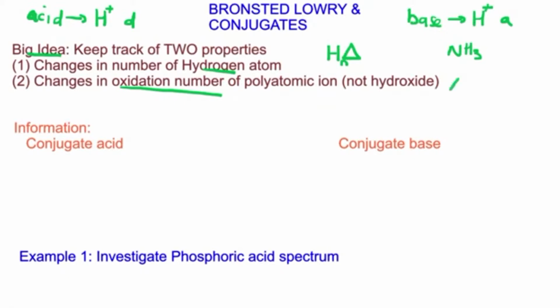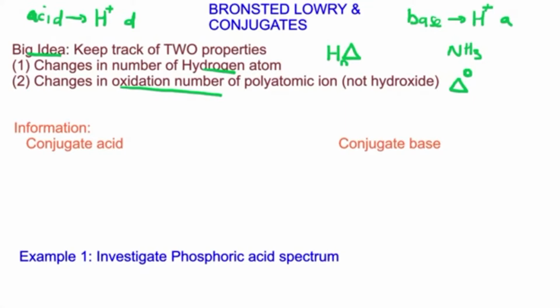So we said that the triangle in here is the polyatomic ion, and this polyatomic ion usually has a charge. An increase or decrease in the charge tells you whether it's heading towards the conjugate acid or conjugate base pair based on the reactant side.